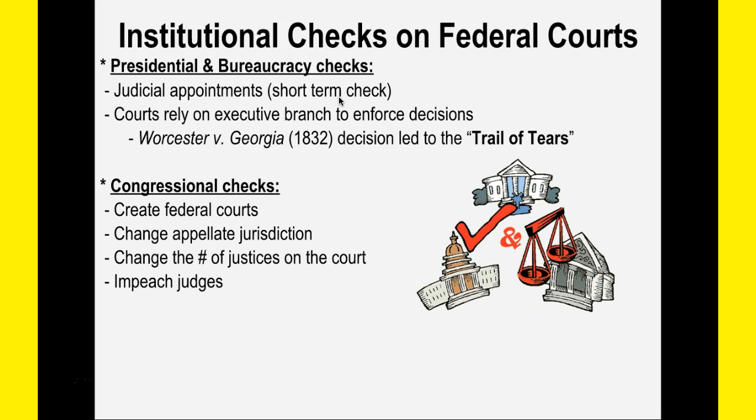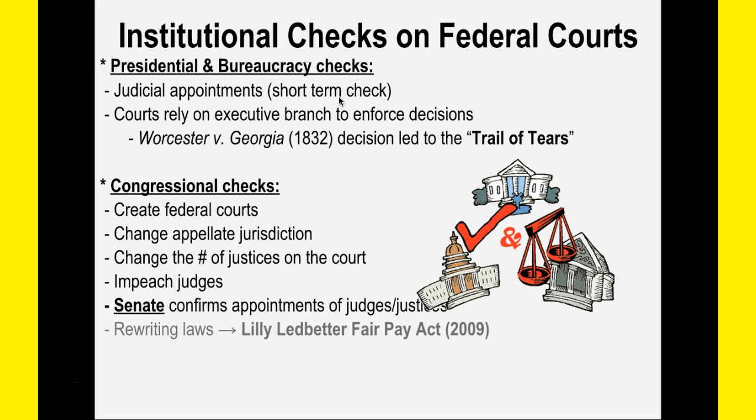The House would impeach, the Senate would conduct a trial, but it is a big check that Congress has on the courts. As you know, the Senate confirms any appointment. So when the president appoints, the Senate has that short-term power to confirm, and they don't necessarily have to approve every presidential appointment. Just look at Mr. Bork from the 1980s.